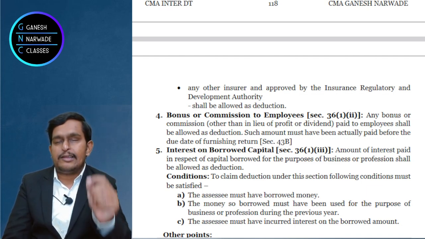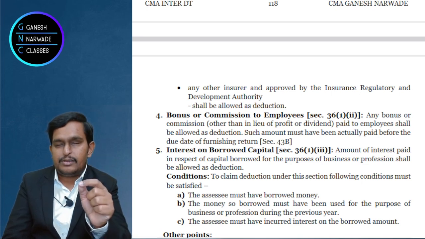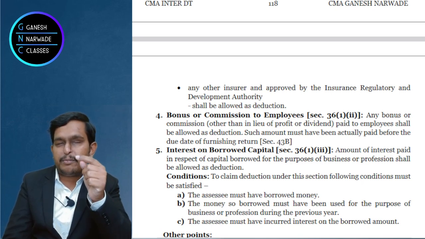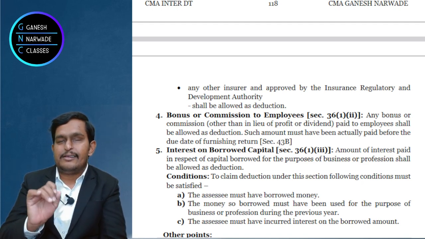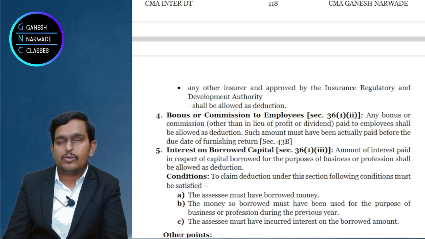But if you have taken the loan and that loan is used for the purpose of business and interest is incurred, so you are liable to pay interest or you actually paid the interest, then interest is allowed as deduction.